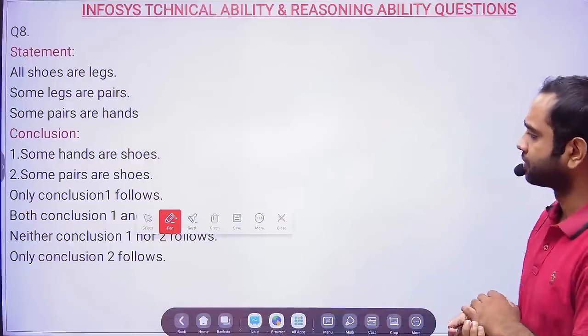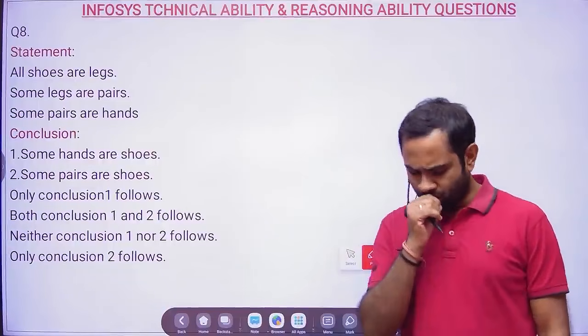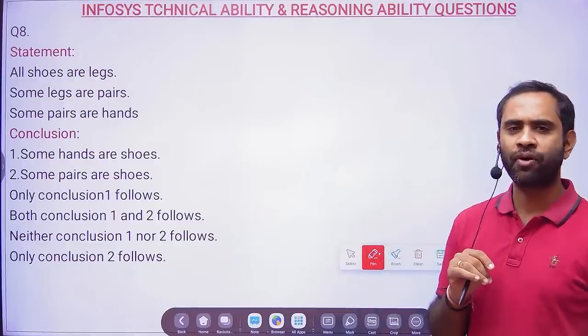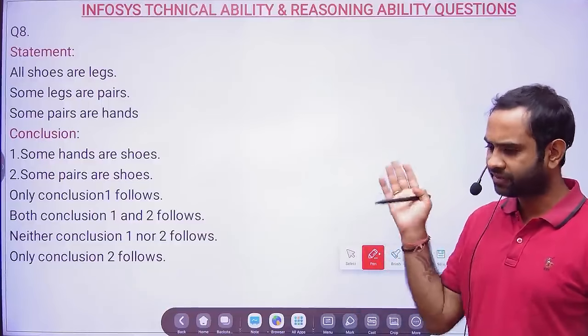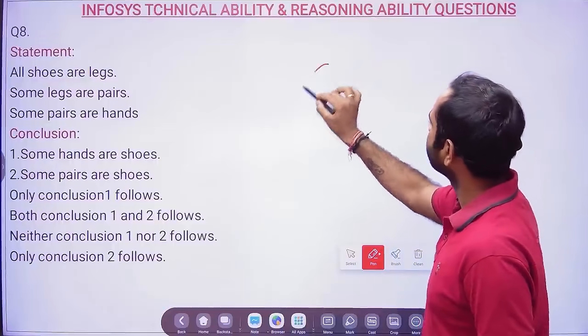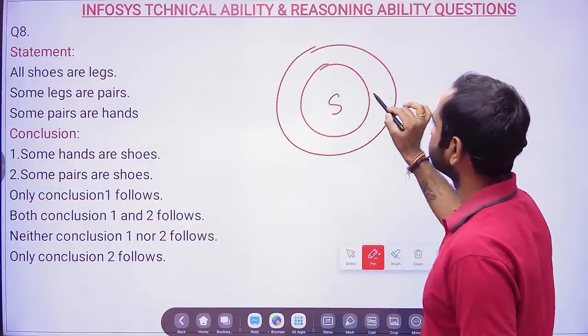Question number 11. So this is a syllogism question, and syllogism questions generally won't be easy, but when you go for exams like Infosys and all, it will be easy. All shoes are legs.